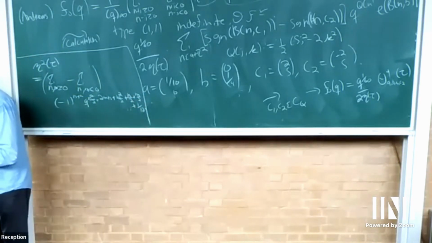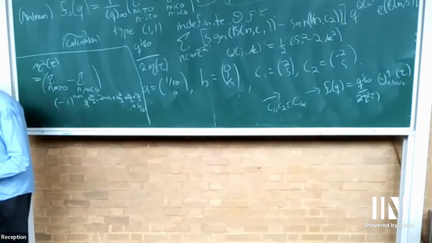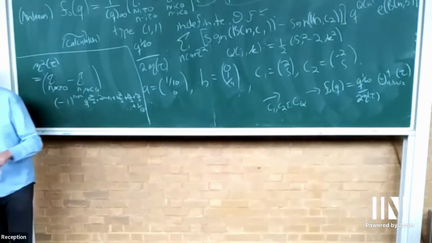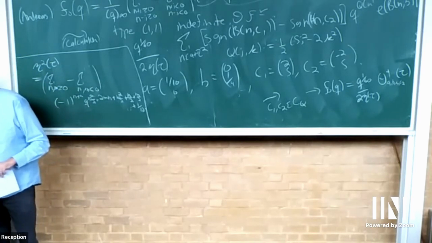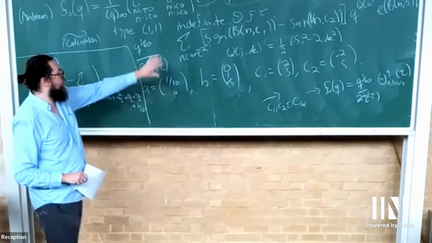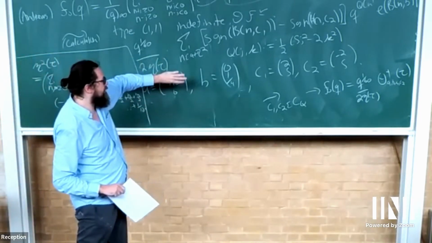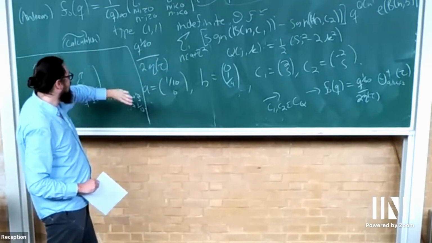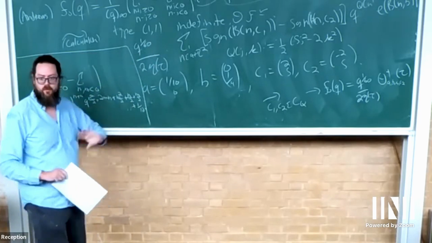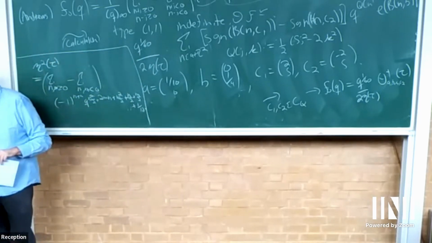You could also handle that by Zwegers' thesis, and a priori it wouldn't be something Maass, and it happens to actually be modular. So the philosophy is that if your quadratic form has extra symmetries, it sometimes tends to simplify the modular forms or lower the depth.